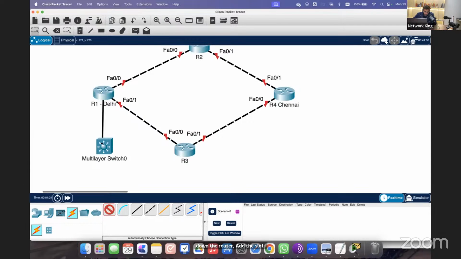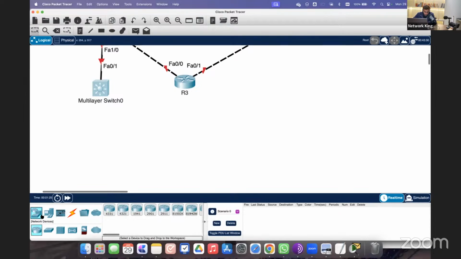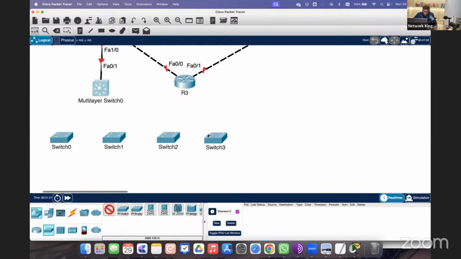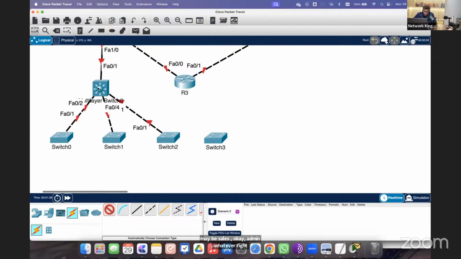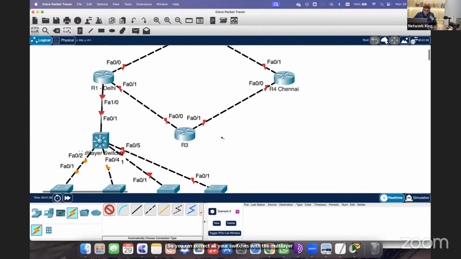Okay, and here you can do the same thing. Between multilayer switches, you can have multiple departments like sales, marketing, admin, whatever, right? So you can connect all your switches with the multilayer switch, right? So this is like the Delhi LAN network.